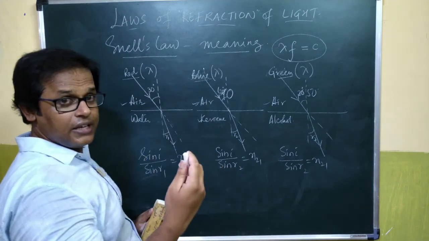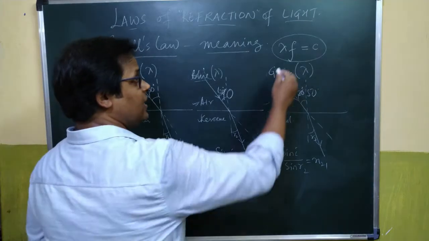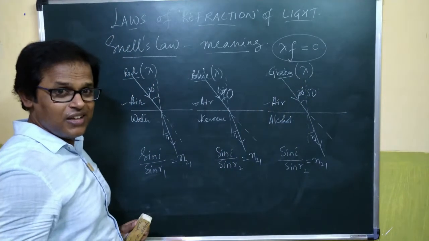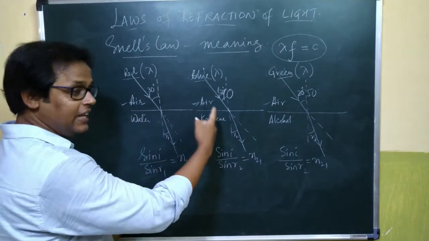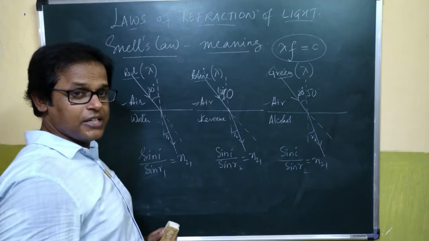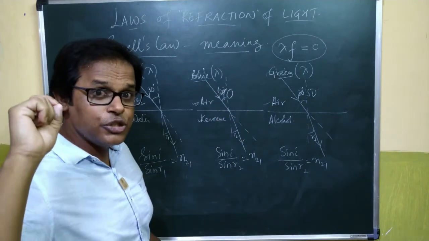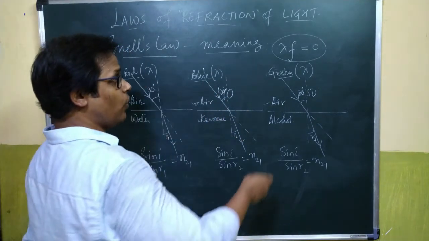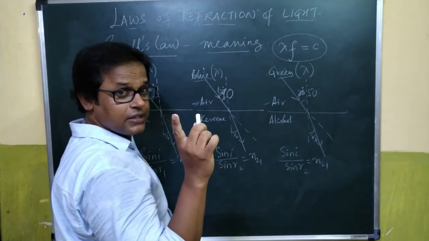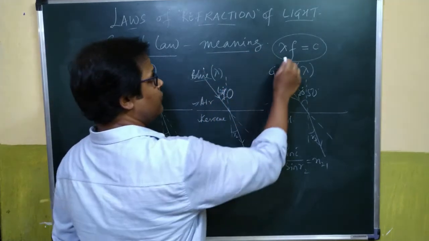But when the speed of light decreases, do not misunderstand that the frequency also changes. The frequency of the radiation chosen for the experiment will always remain constant. What changes is the wavelength, not the frequency.